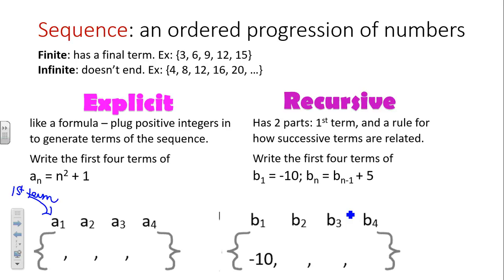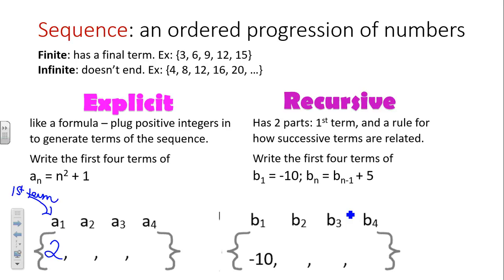So what will we get if we replace every n by a 1 and evaluate? 2. Yep, 1 squared is 1, 1 plus 1 is 2. So our first term is 2. Unless they tell us otherwise, you're going to start with 1. Somewhere in your directions it will say let your first term be, or start your sequence with letting n be 0. But for the most part, unless they say otherwise, start with 1.